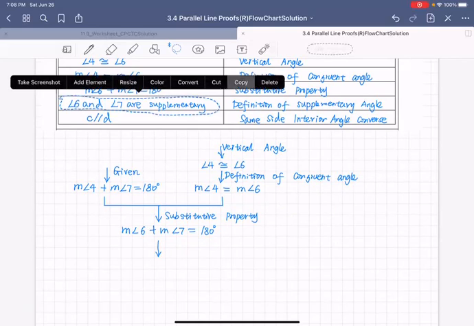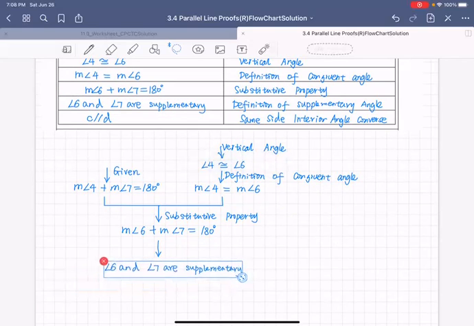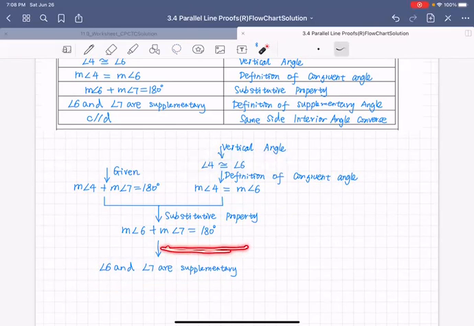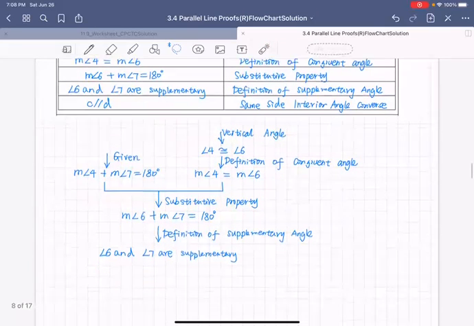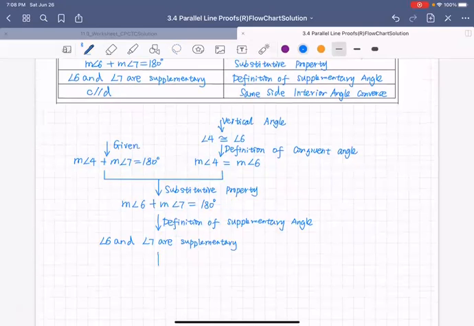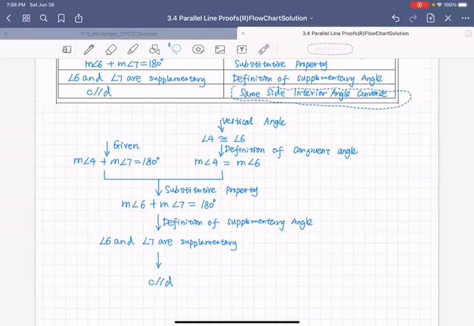Okay, very good. And what else do you want to put here? Definition of supplementary angles. Okay. Last one, what do we put? C is parallel to D. Okay. And the reason is? Same side interior angle converse. Okay, very good.